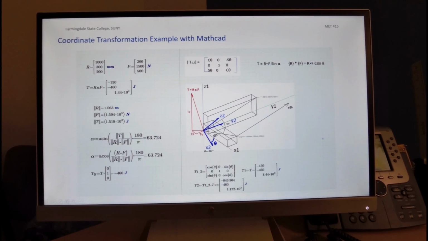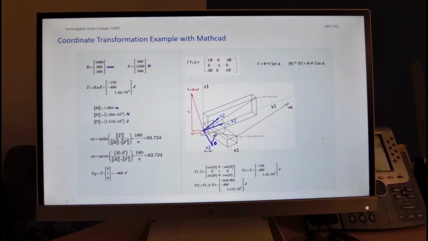We can double check that, and we see that in coordinate system 2, this vector has a component along the minus x2 axis. It's minus 849.9. It also has a negative component on the y2 axis, which is minus 460. It is the same as it was before because y has not changed. y2 is the same as y1.